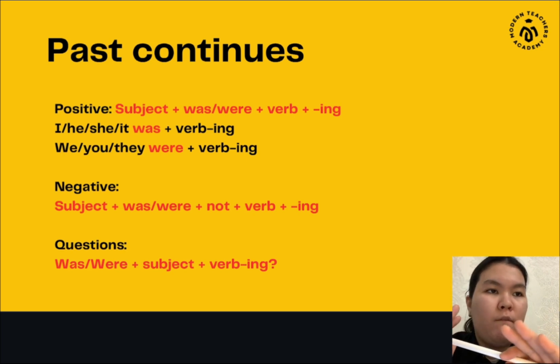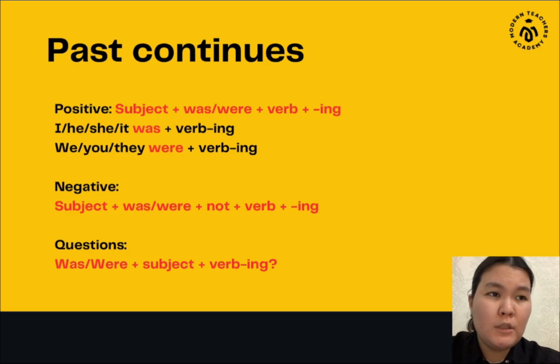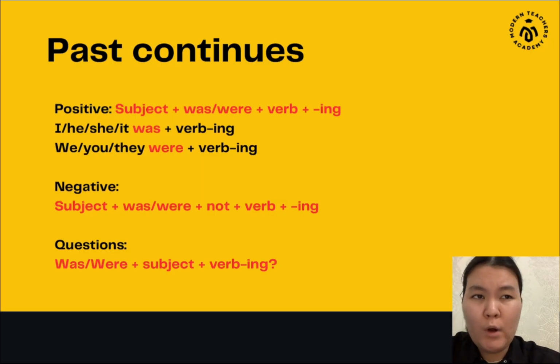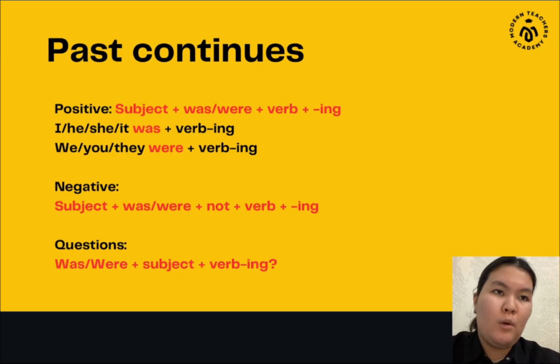Then we put not to make a negative sentence: was or were plus not, then the verb plus ing. Example: she wasn't watching TV. She is our subject, was, then you can see not, then our verb is watch, and at the end of the verb you can see ing.